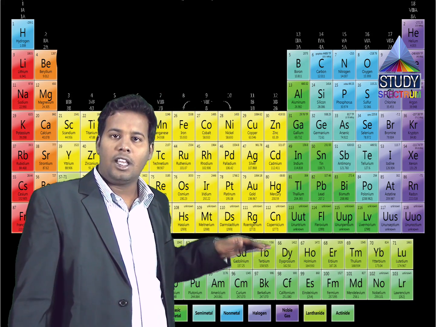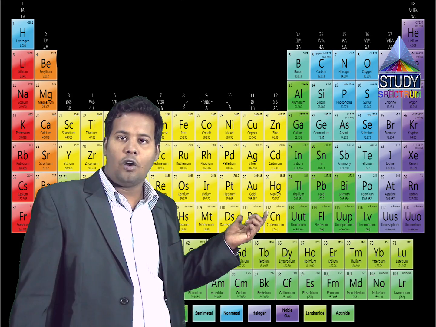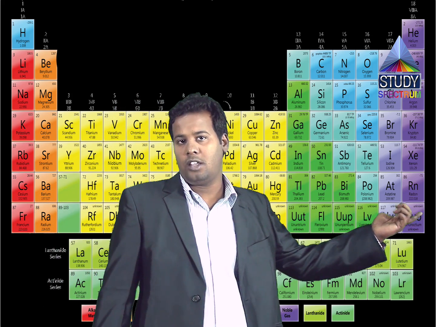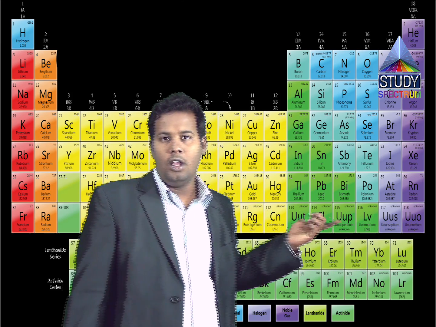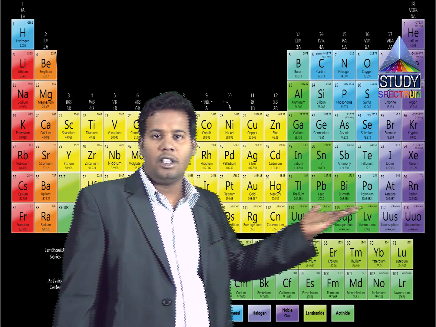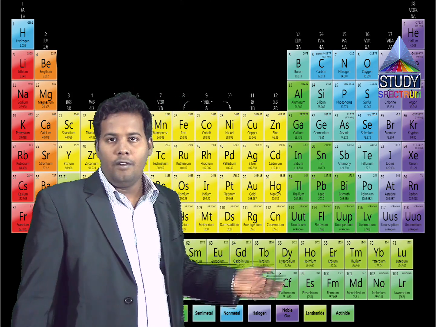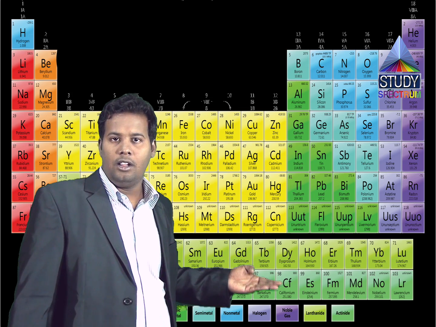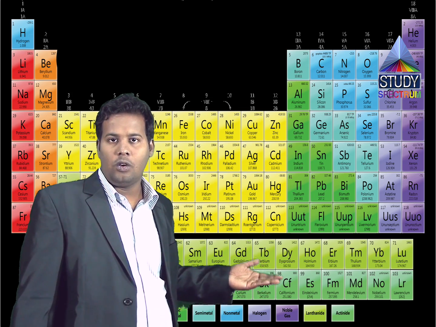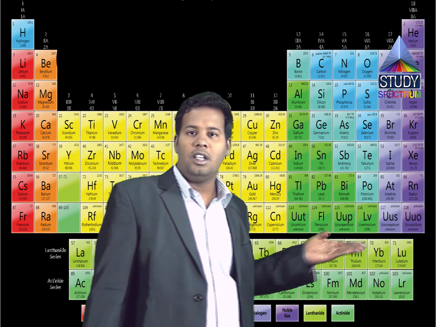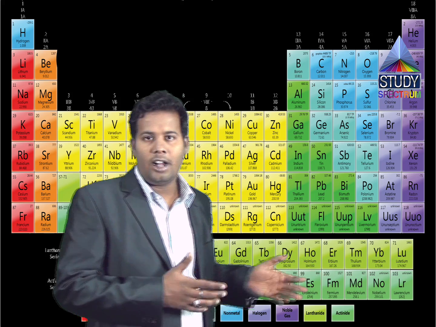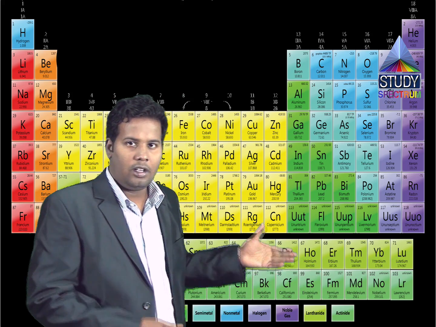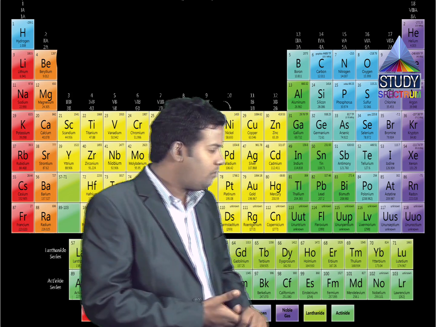If you see the second period, there are two elements of the S block and six elements of the P block. In total, there are 8 elements in the second period. Whereas in the third period and so on, fourth, fifth until the seventh period, sixth and seventh also, there are 18 elements in each period. You can see that in the periodic table. Nothing rocket science in that.